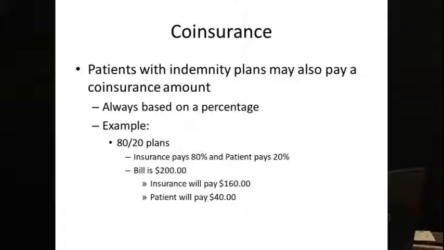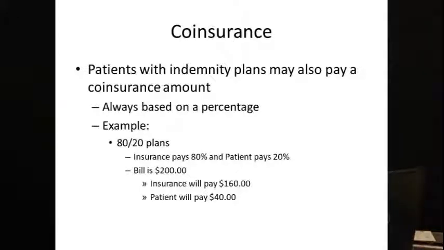We talked a little bit about this last week. For instance, if it's an 80-20 plan, the insurance will pay 80%, the patient will pay the 20%. That's the patient's coinsurance. The plan could be 90-10, 60-35, 60-40, 65-35, 75-20. Those two numbers have to add up to 100.